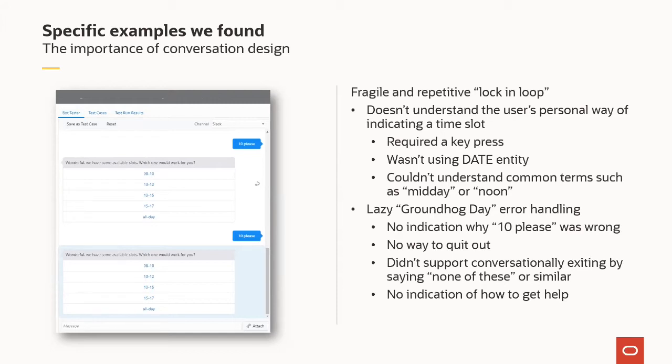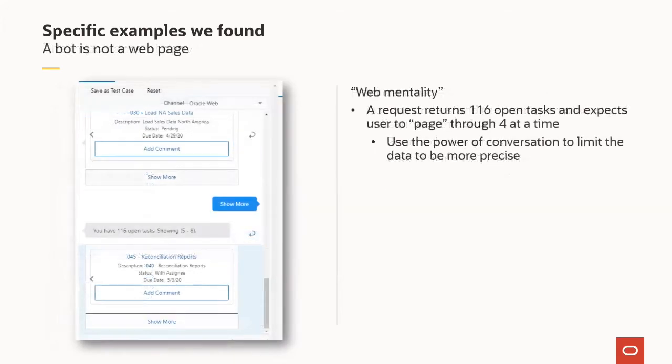No indication of help, no what we would call progressive disclosure, showing more and more information. This is what I call web mentality. So we've queried some information and it's saying you have 116 open tasks, showing 5 to 8, show more. Now, if I want to see the 114th task, does that mean I've got to tab through 25 different groups of 4?